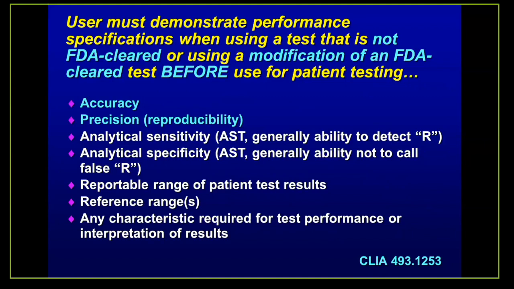If you are doing a test that is not FDA cleared, or if you're doing some type of modification of an FDA cleared test, before you start using this test for patient testing, not only do you need to demonstrate acceptable performance for accuracy and precision, but you also need to be able to demonstrate acceptable results for analytical sensitivity, analytical specificity, the reportable range of the patient test results.